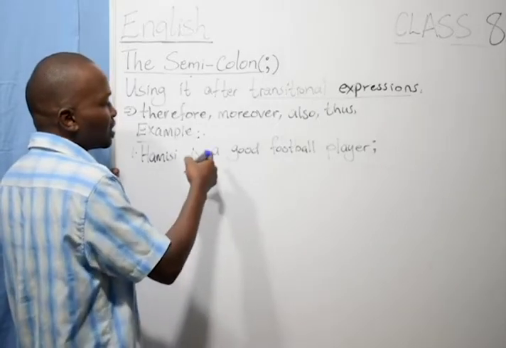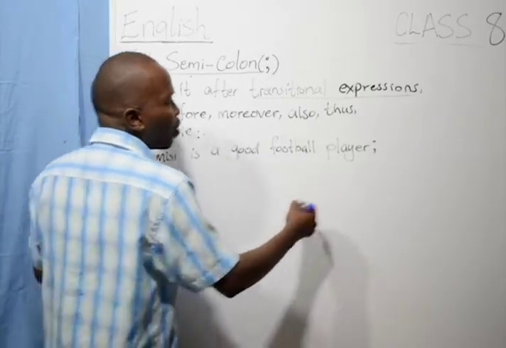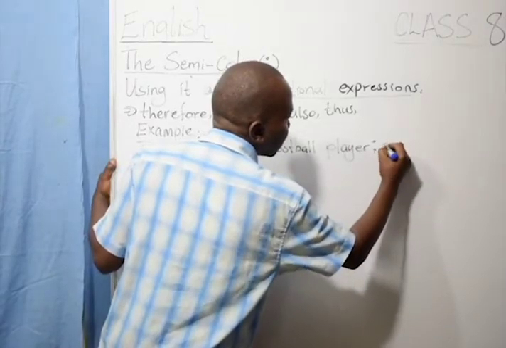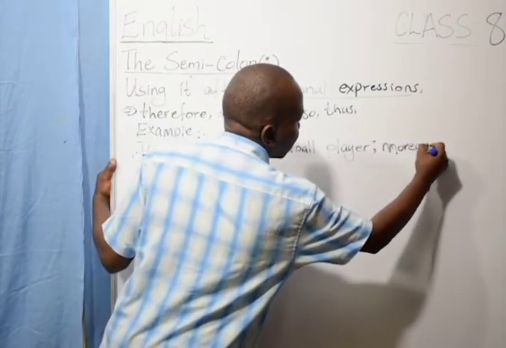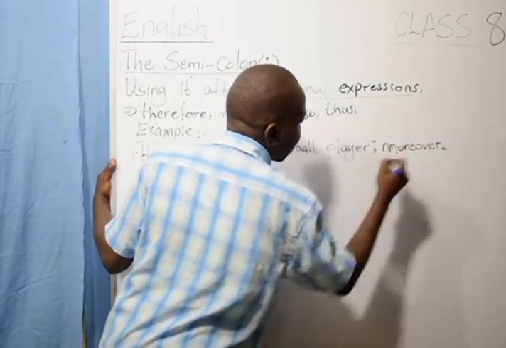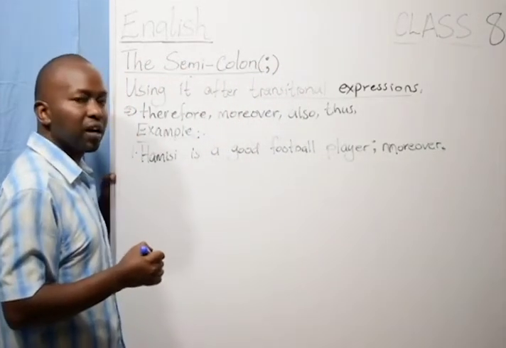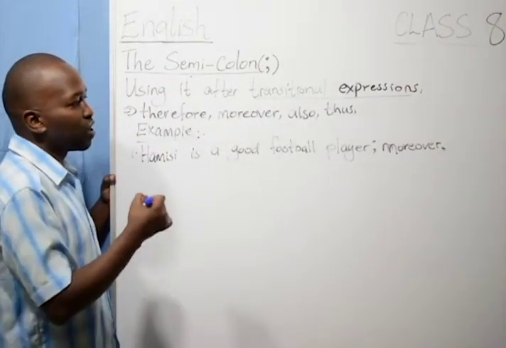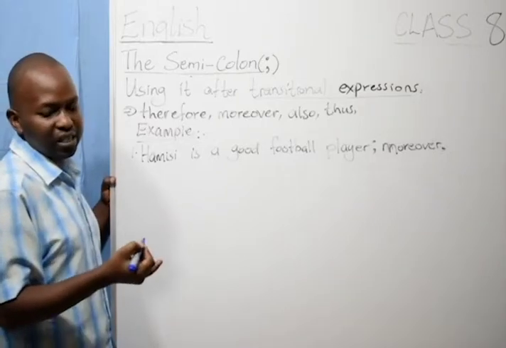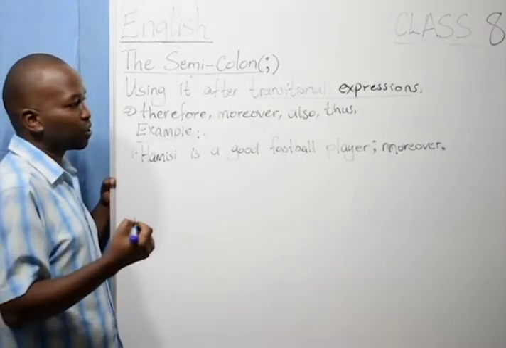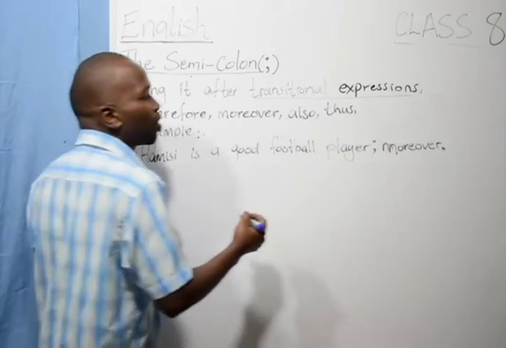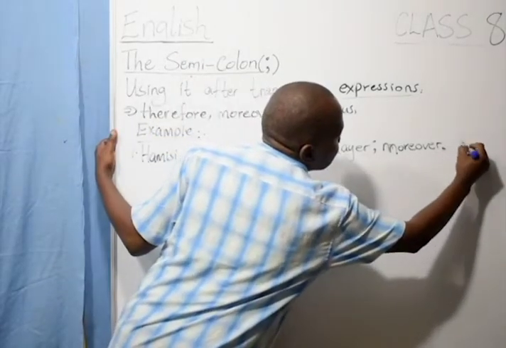Example, Hamisi is a good football player; moreover, he is in the national team. After the transitional expression, you put a comma, because transitional expressions are followed by a comma.